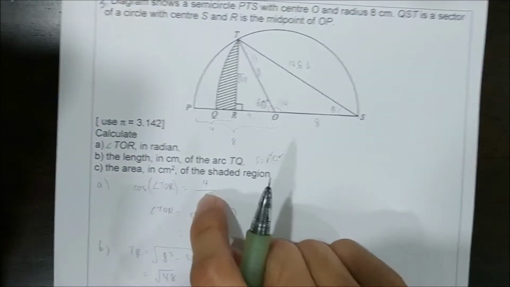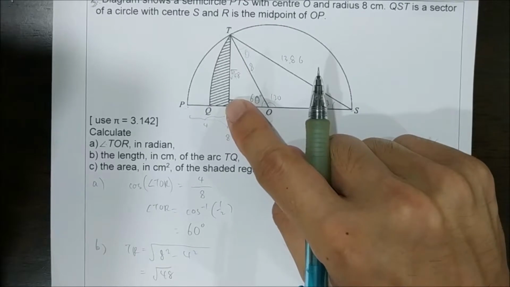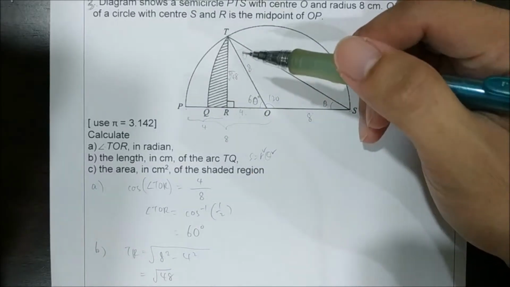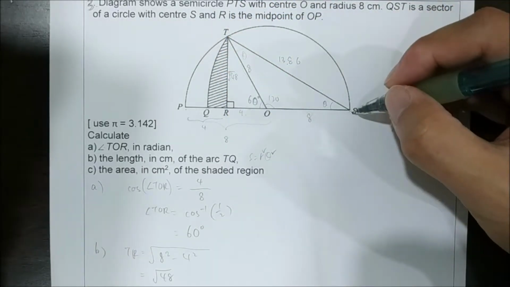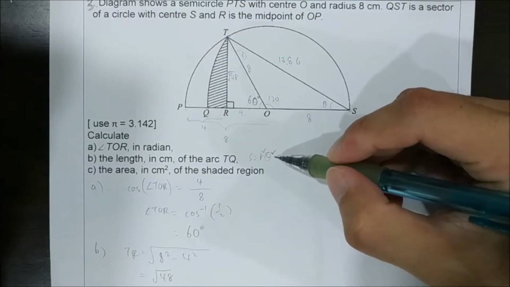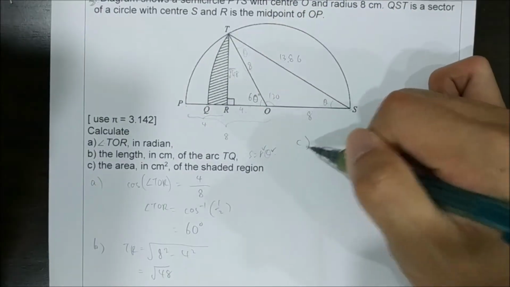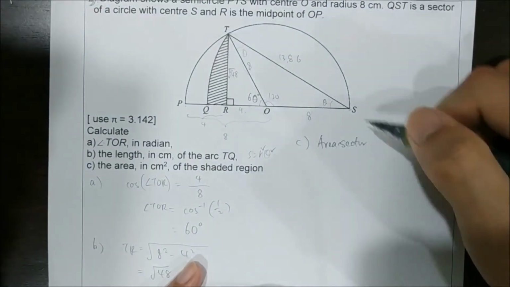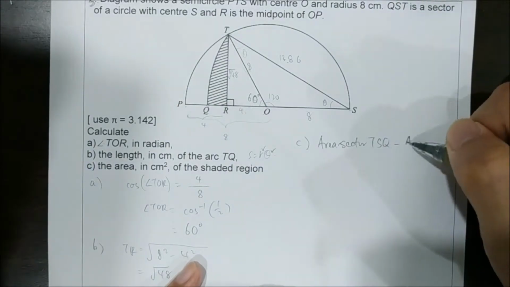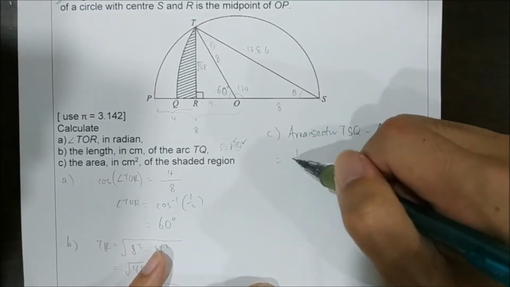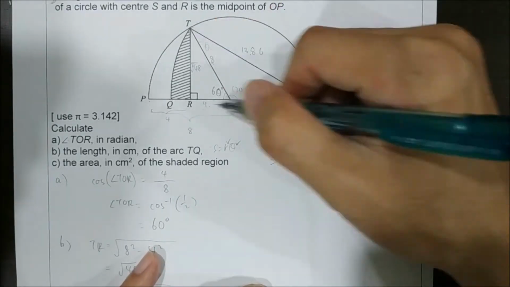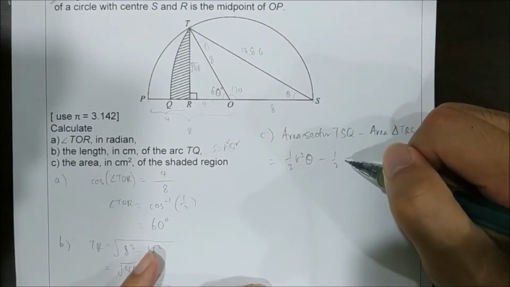The area of the shaded region. We are looking for the area. So it's quite obvious that we need to first find the area of the sector. Since we already have the R and the theta, base times height.